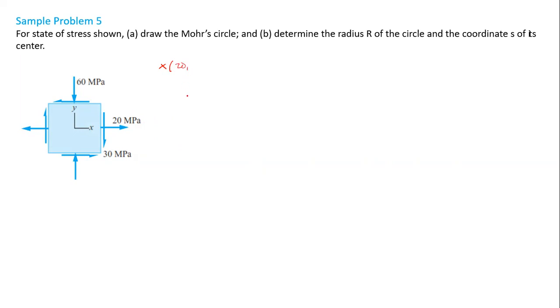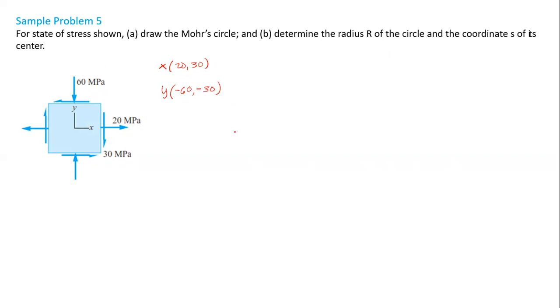So ato ang tau tend to rotate clockwise, di ba? Tend to rotate clockwise. Therefore, this is positive 30. Then ato ang point y, compressive, so negative 60. Ato ang sigma y. Ito ang tau xy is tend to rotate counter. Okay, counter. So, negative 30.